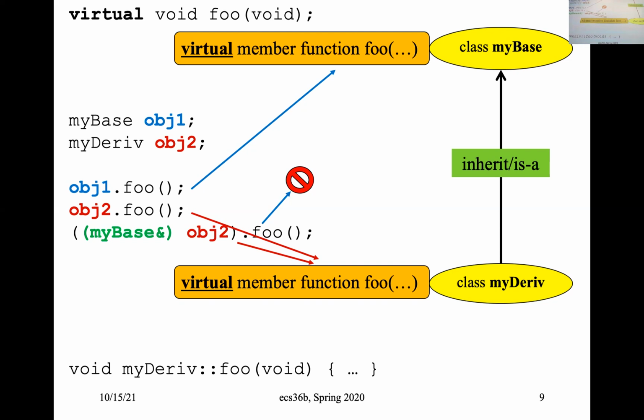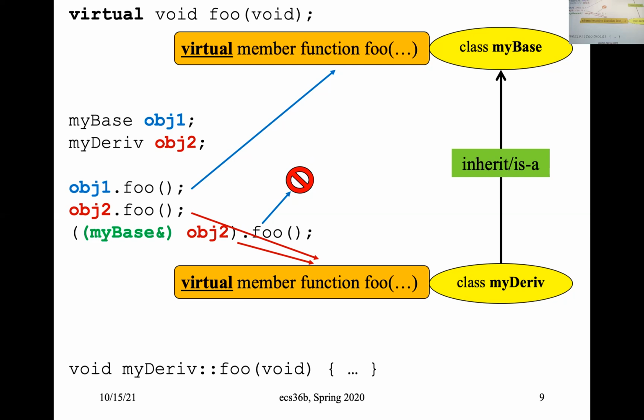Let me tell you what the virtual function really is. The virtual function means that regardless of how you cast it, regardless of how you change the type of the object, whenever you make a call, I'm going to invoke the particular function associated with this object at the time this object was created.